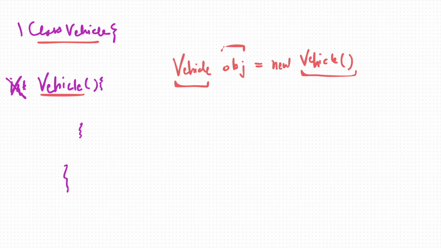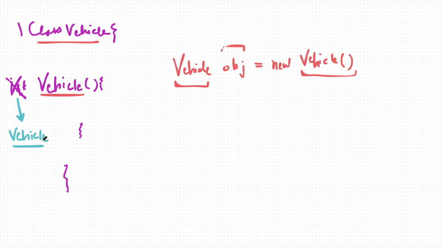So what Java does is automatically add a return type of Vehicle. So you don't need to add a return type on your own. You don't need to add int, float, or even Vehicle. Java will add this automatically.